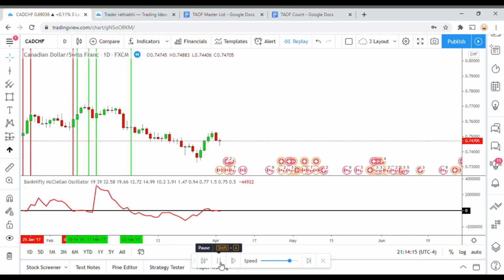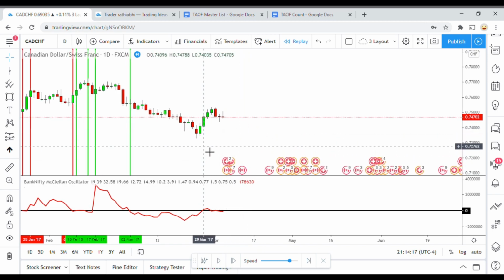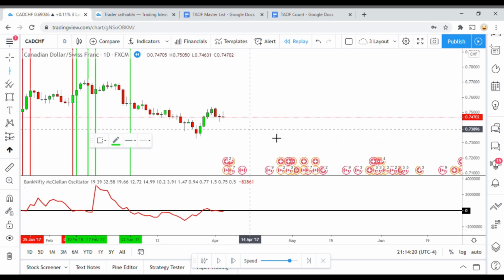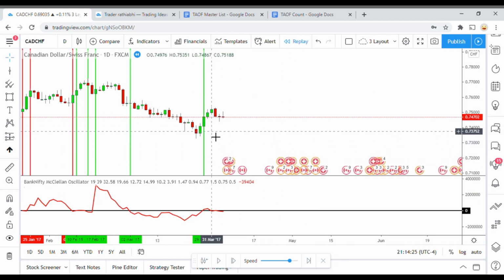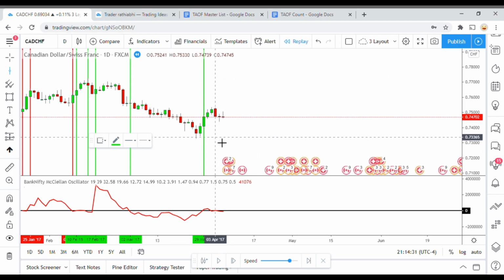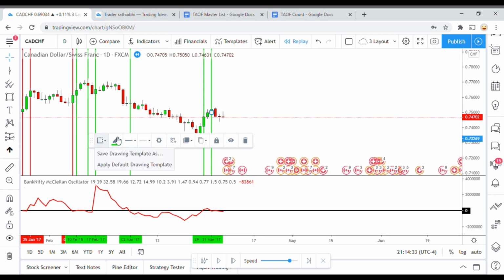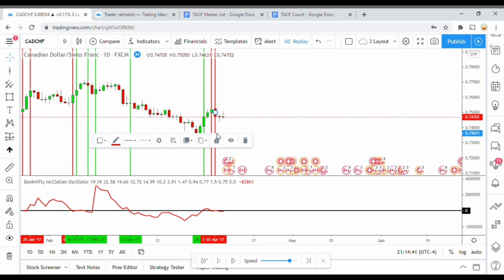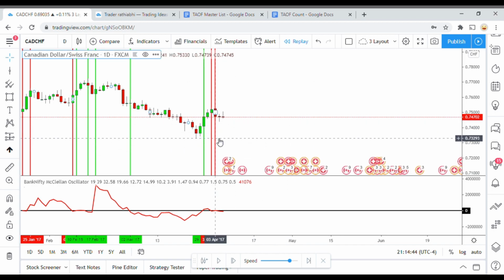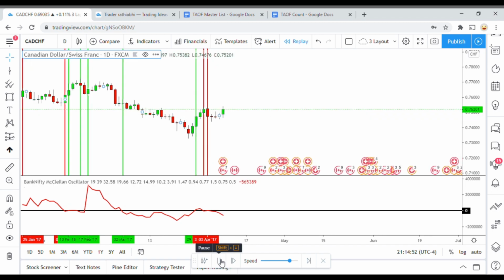Alright, moving along here. Threw a long signal here. Looks like that one was able to get us to take profit. But then it threw a short signal here, which was stopped out almost immediately by a long there, which was stopped out almost immediately by a short right there.